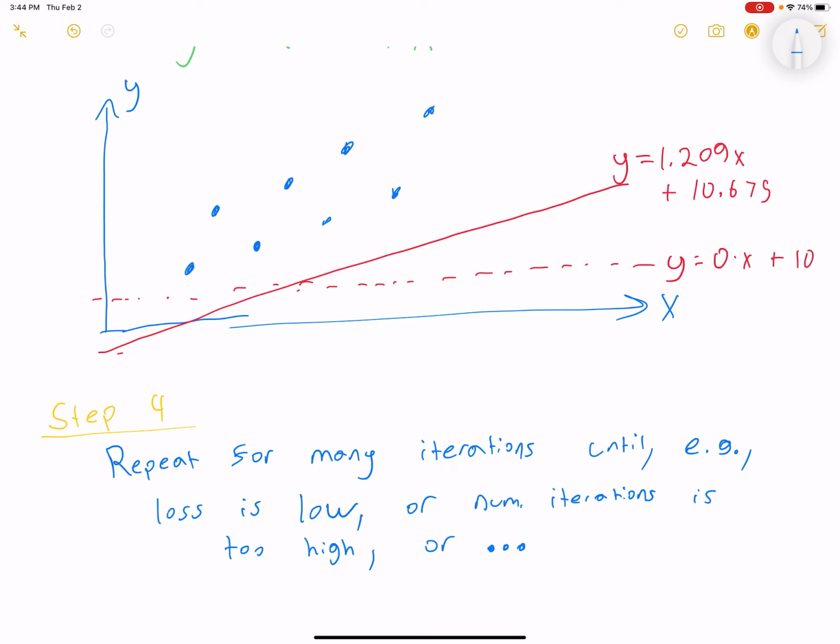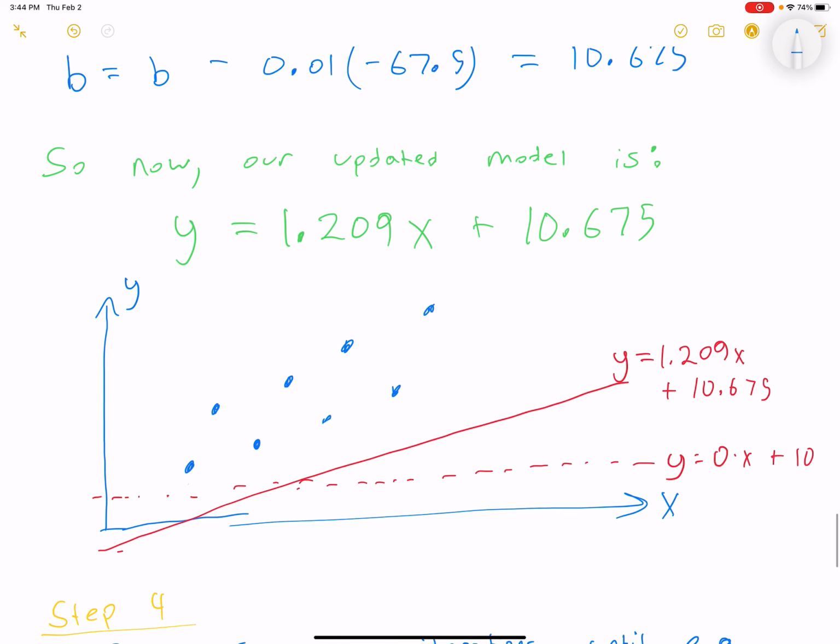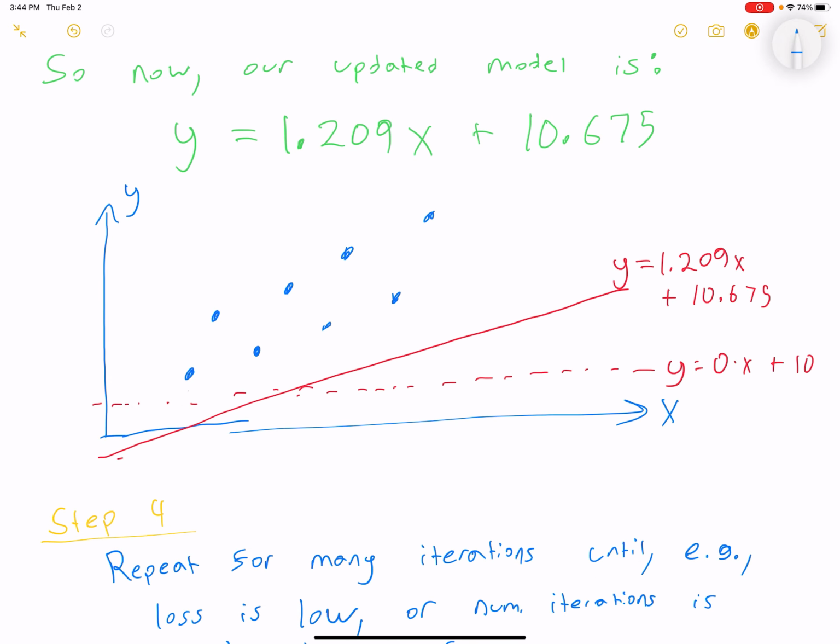And that is a worked out example of one iteration of gradient descent for linear regression with one input variable.